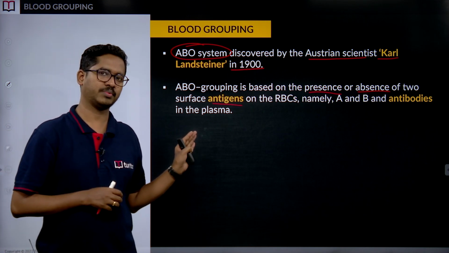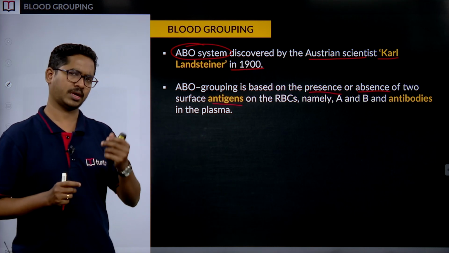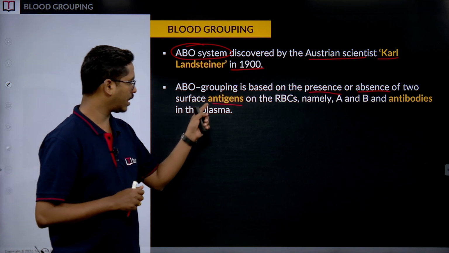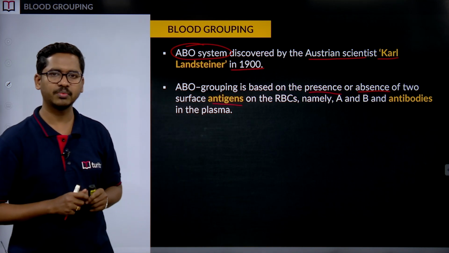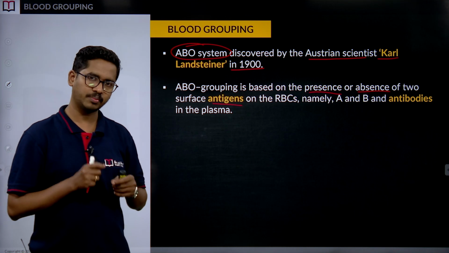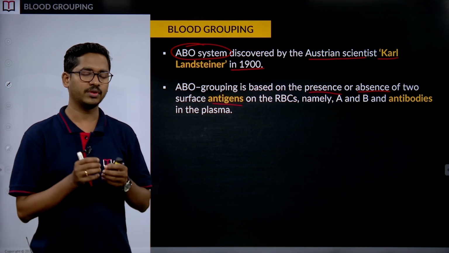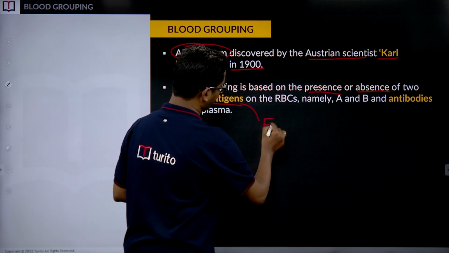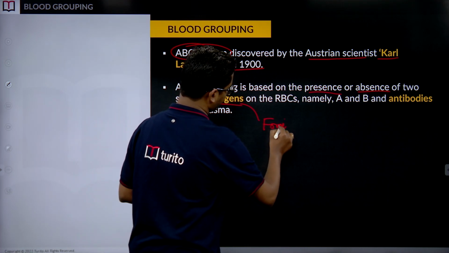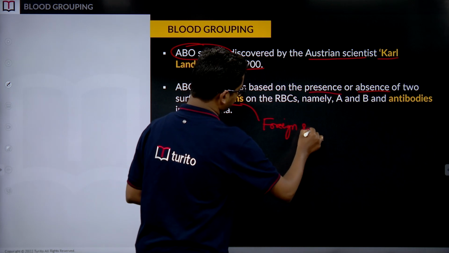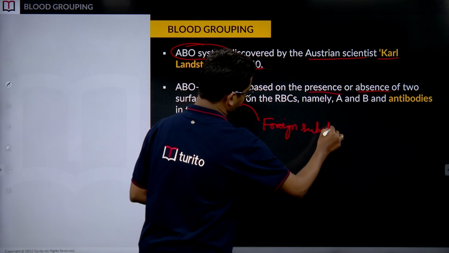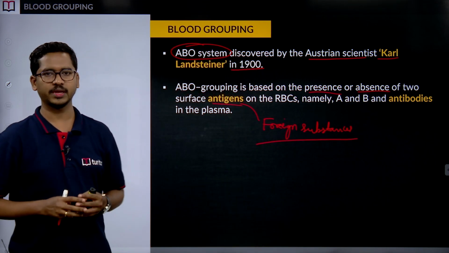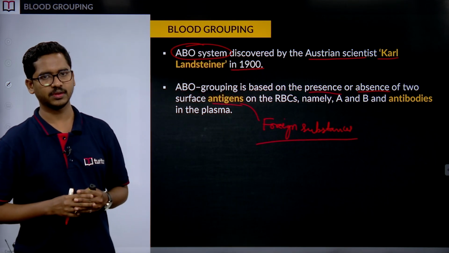Even in the previous discussion about WBCs, we might have used the word antibodies. But there are antigens also present in the body, that too in the blood. We normally consider antigens as foreign substances, isn't it?